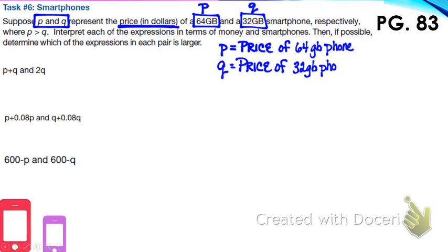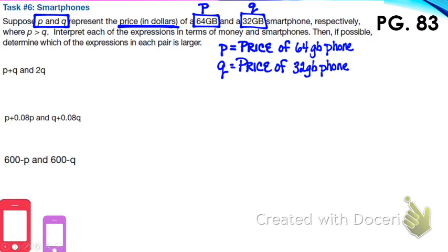What do the gigabytes mean? What are they telling me there? 32 gigabyte phone, 64 gigabyte phone. That's the storage. The phones are going to look identical, but one has more storage than the other. Which one of these would you expect to be the more expensive phone? The 64. It has more storage, right?